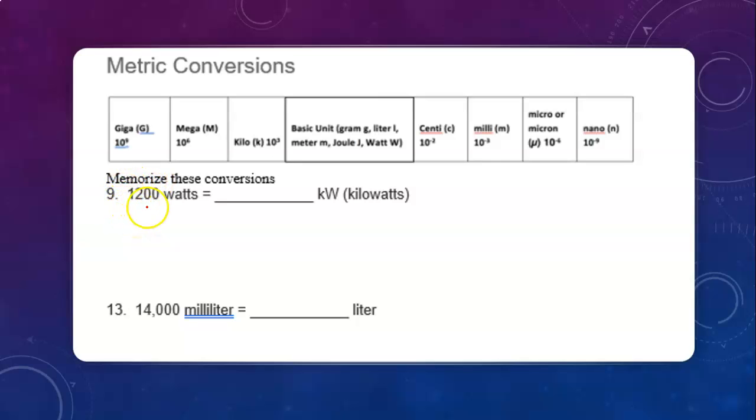But here we're looking at 1200 watts, and we're changing that to kilowatts. So we're going to be moving left on the metric table, and if you're moving left on the metric table, then your decimal point moves left. We're going to be moving from basic unit left 3 spaces. So we're going to go 1, 2, 3, and that's going to leave us with 1.2 kilowatts.